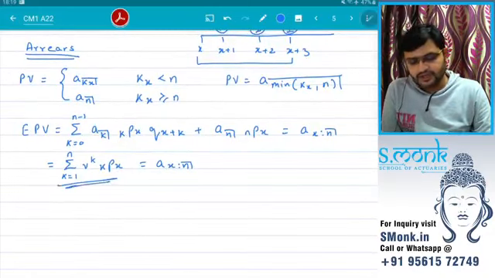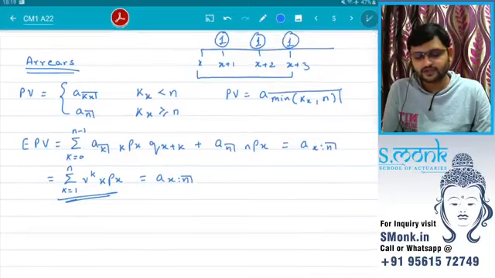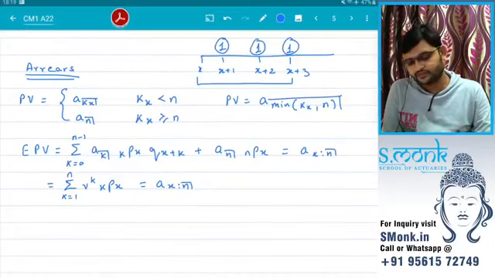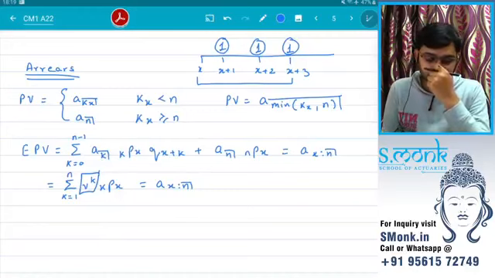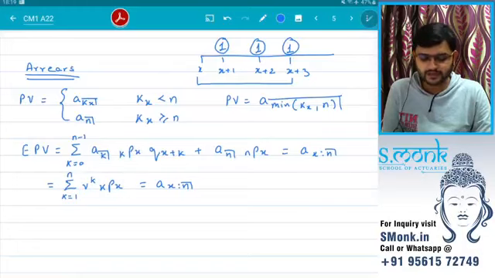But here K is nothing but the time of payment. Which payment is given when? So therefore, first payment given at time 1 to anybody who survives that time. So therefore this K is important for us.